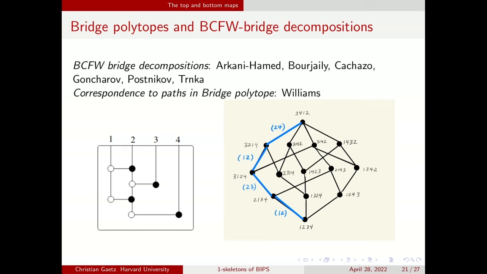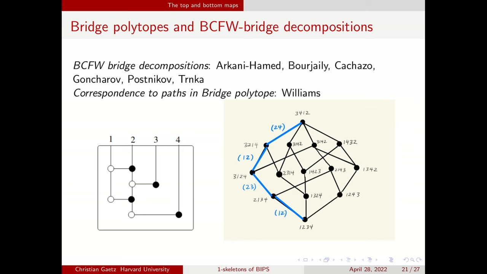And Lauren, in a very nice paper, showed that bridge decompositions of a permutation are nothing but paths from the bottom to the top in a polytope which is isomorphic to a Bruhat interval polytope. So for example, in this case, if I took this path and paid attention at each step to which numbers I'm swapping, 1 and 2, then 2 and 3, then 1 and 2, and then 2 and 4, those correspond to these bridges: 1 and 2, 2 and 3, 1 and 2 again, and then 2 and 4.